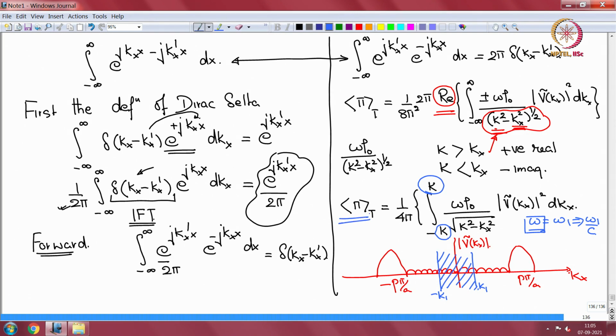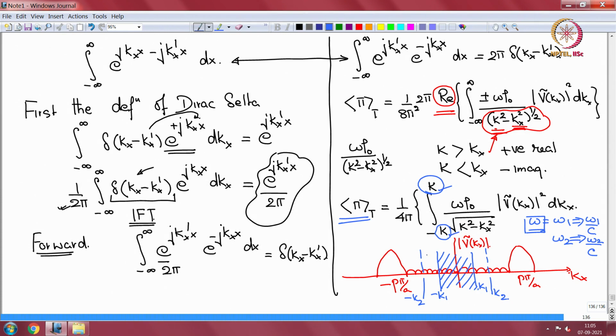But suppose the same panel, same mode is vibrated at a higher frequency, another omega 2, which means k2 now is omega 2 by c. So if I draw the k2 line, k2 is here and minus k2 is here, then this becomes the range.